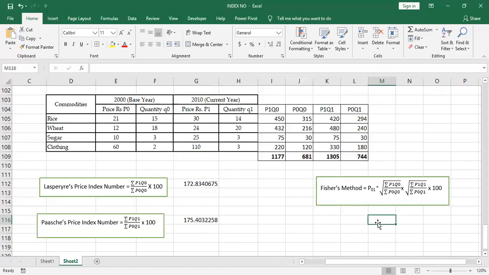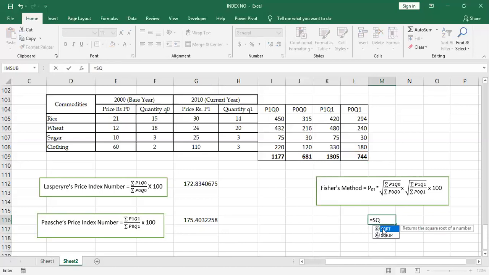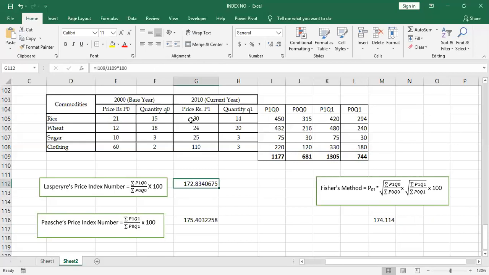What we have to do is take the square root of P1 Q naught, 1177 divided by P naught Q naught 681, into P1 Q1 1305 divided by P naught Q1 744, a whole into 100. You'll be getting 174.